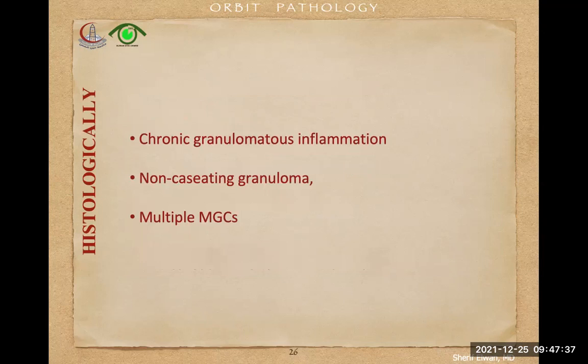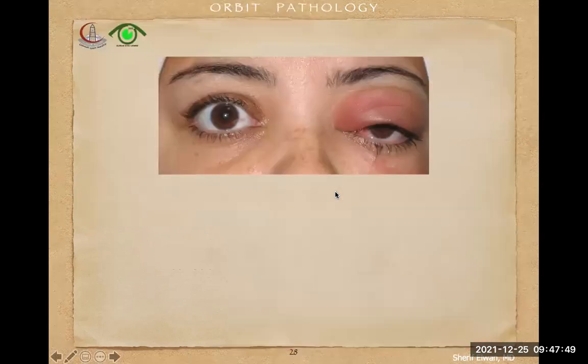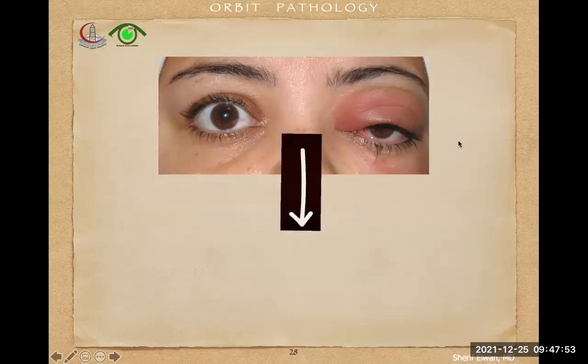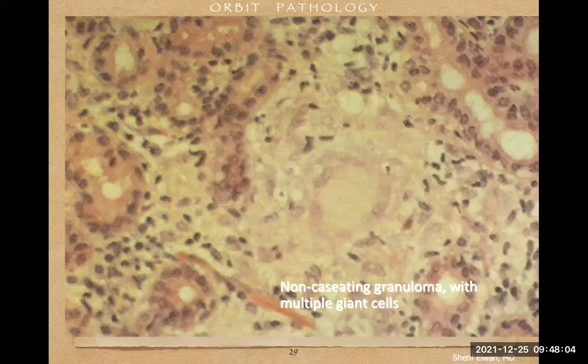So a chronic granulomatous inflammation, non-caseating in nature with multiple multinucleated giant cells causing different manifestations in the lacrimal gland or in the lids. Sometimes it may present acutely and it responds very well to steroids, just like IgG4. You see steroids improve the condition markedly.